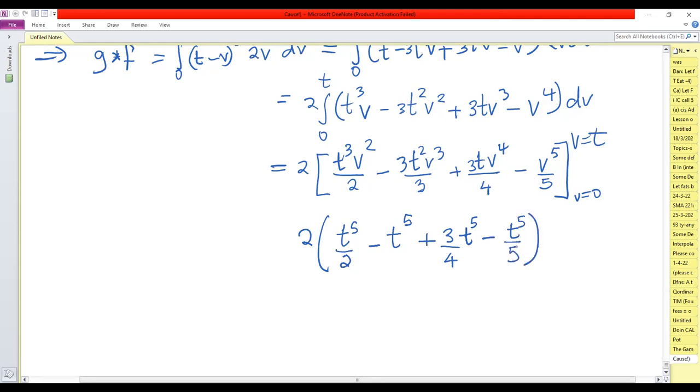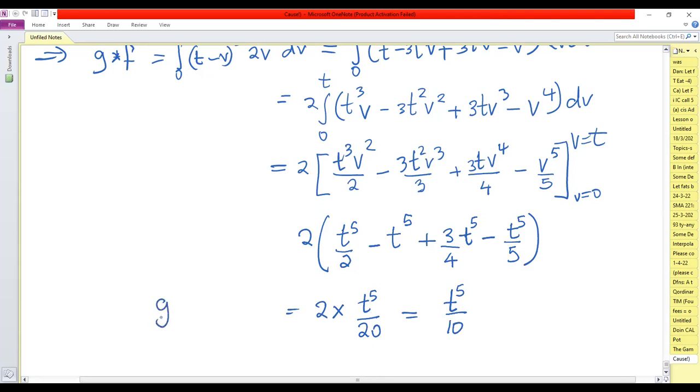So inside the brackets, we have a half, minus 1, plus 3 over 4, minus 1 over 5. That gives us 1/20 t power 5. We'll have 2 times t power 5 over 20, which is still t power 5 over 10.